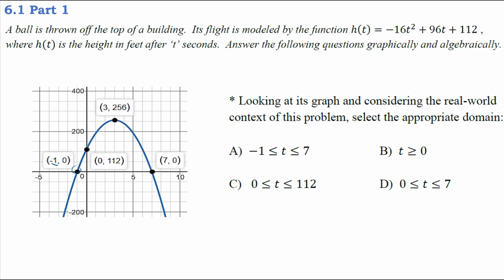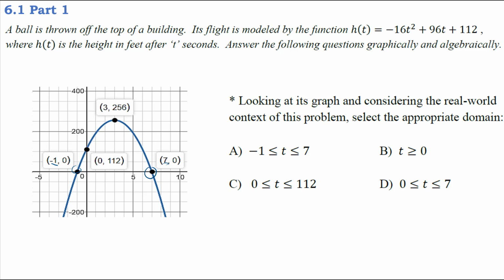And the farthest right, we hit 0 again for our height, for our y value of 0, so we cross the x-axis at the value of 7. So we should be going between negative 1 and 7. For the appropriate domain, you would think it would be negative 1 to 7.